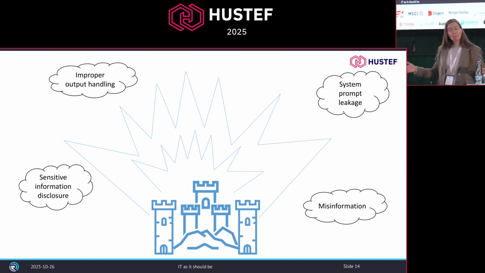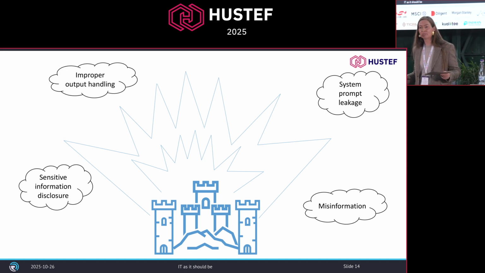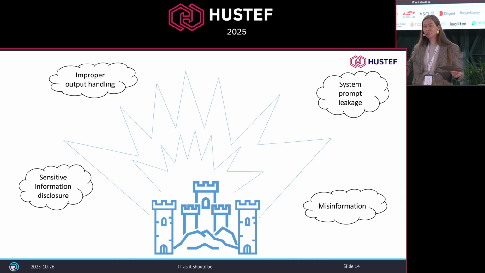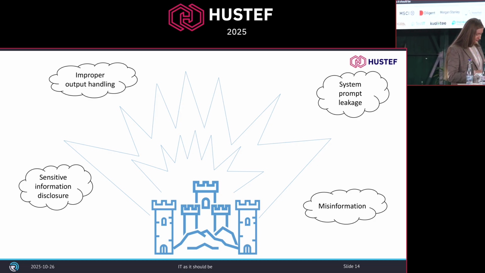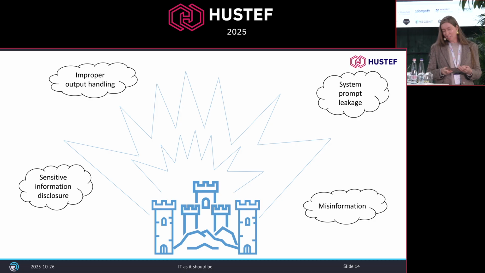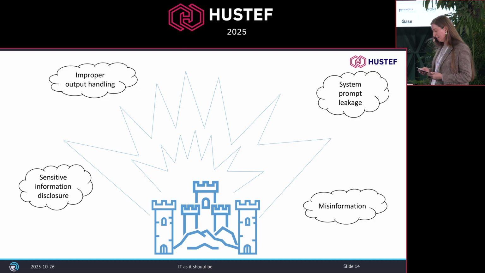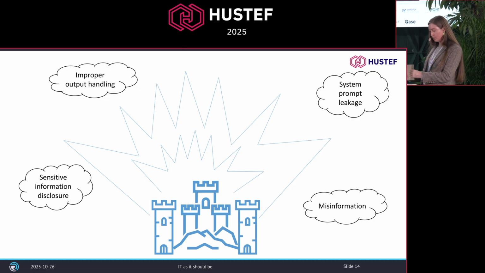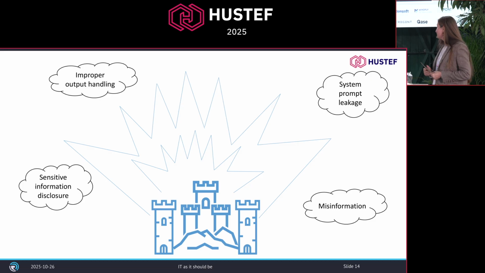There are also many technical reasons to care about security because no one wants to read in the news how your system is supposed to work because your application leaked the system prompts. And things like improper output handling are also not nice.